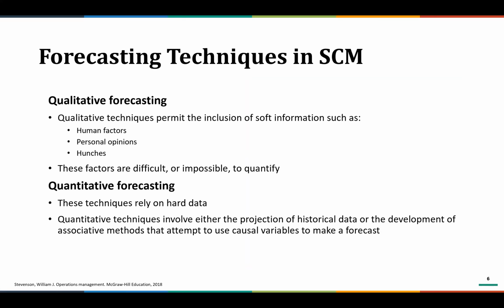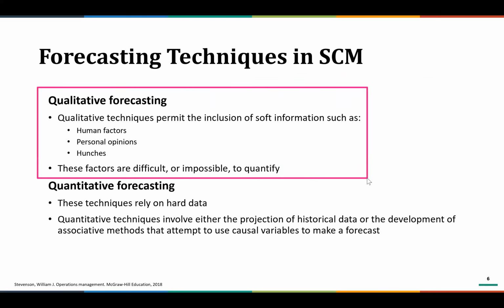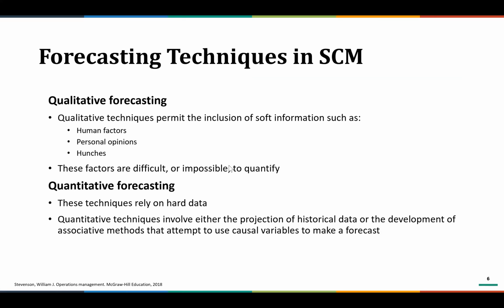In a conventional approach, we have two categories of forecasting. The first one is qualitative forecasting. It permits the inclusion of soft information such as human factors, decisions, hunches. So it is more of a subjective type of forecasting.